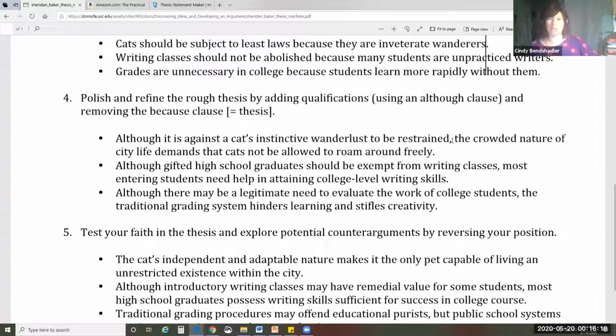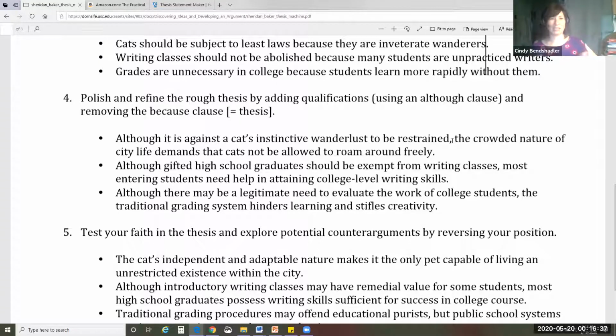So that means cats should be subject to leash laws, right? It's phrasing it, but it's adding a layer of sophistication to that, adding a layer of nuance, right? We're talking about city life. We're talking about how crowded it is. But we're also adding in why somebody might not agree with our thesis.